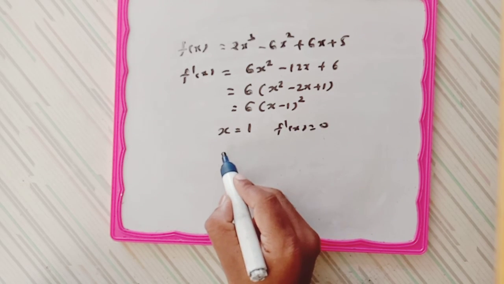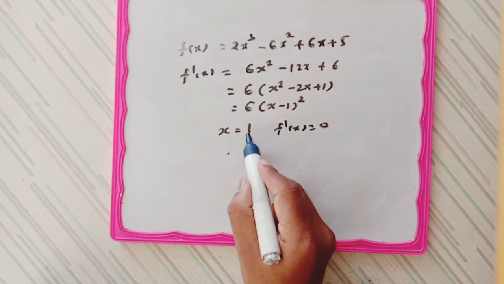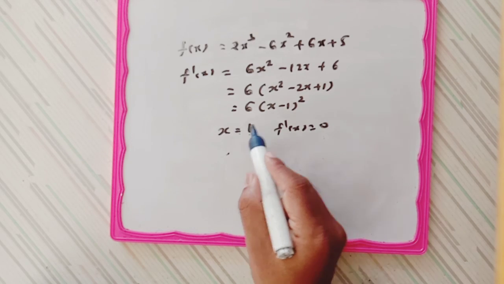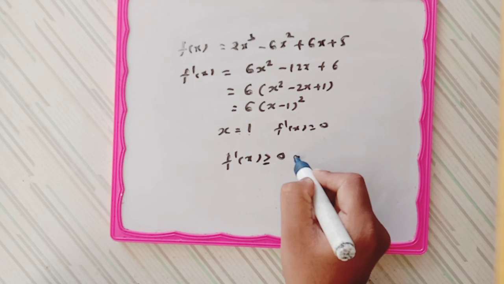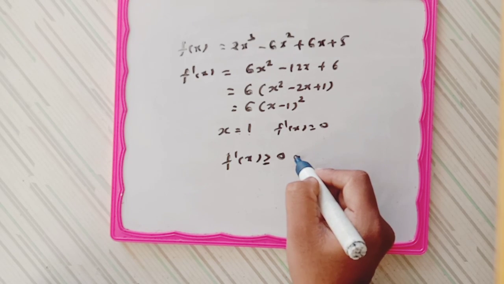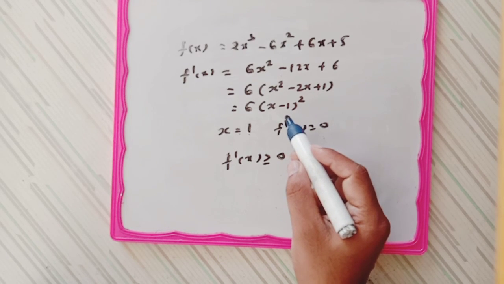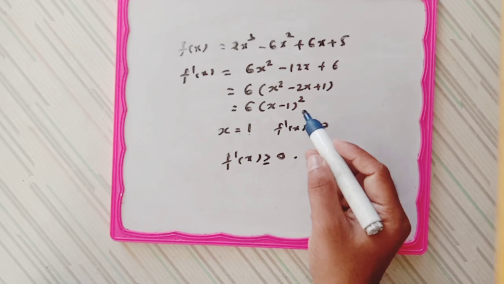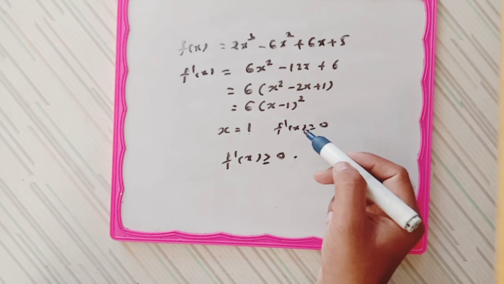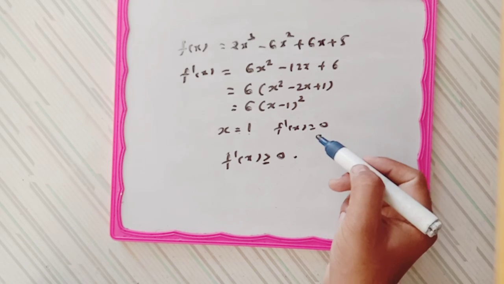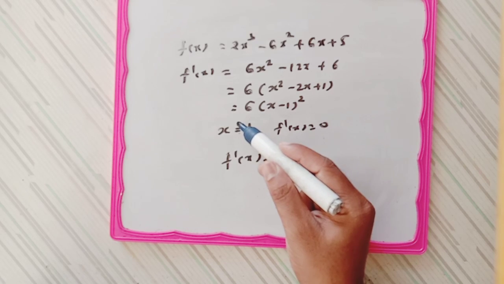But for any value of x, either we take x very close to 1 on the left side or right side, f dash x is always greater than or equal to 0. And so here we can say that on either the left side or right side f dash x is always greater than 0 by the first derivative test. x equals 1 is giving neither a local maximum value nor a minimum value, and so x equals 1 becomes a point of inflection.